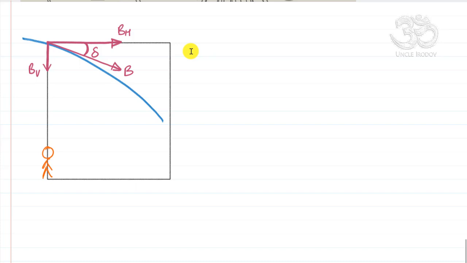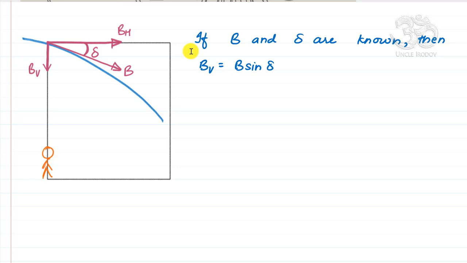Say for example, he knows B. So if B and delta are known, then BV is equal to B sine delta, and BH is B cos delta.